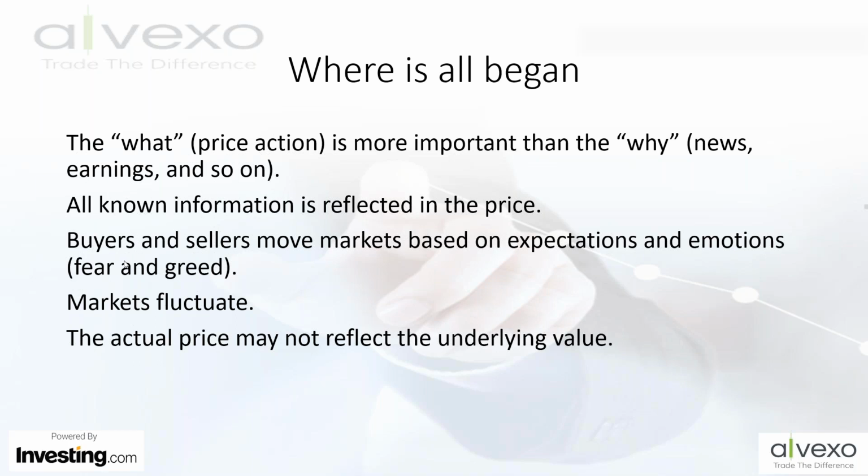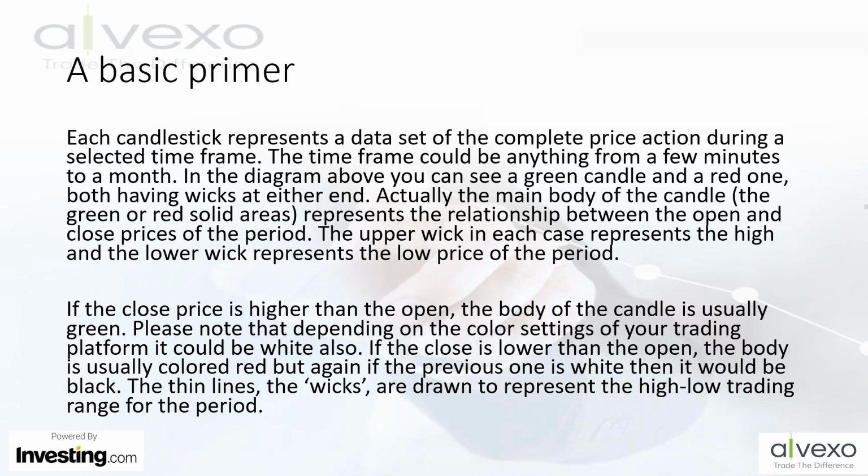Now, each candlestick represents a data set that is the complete price action during that selected time frame. Candlesticks and candlestick charts are no different than any other chart. You can have a 5-minute chart, a 1-hour chart, a 1-day chart, a 1-week chart, and each one of those candles represents whatever time period you've selected your chart for.